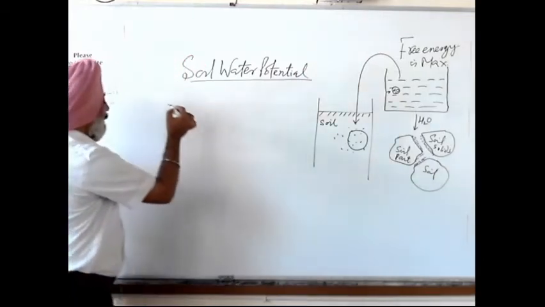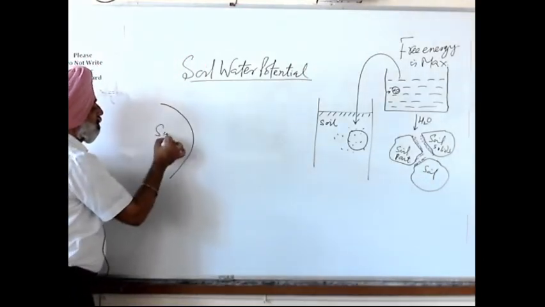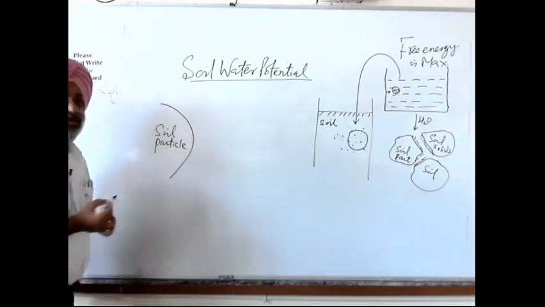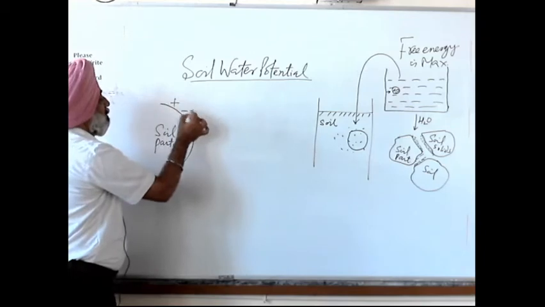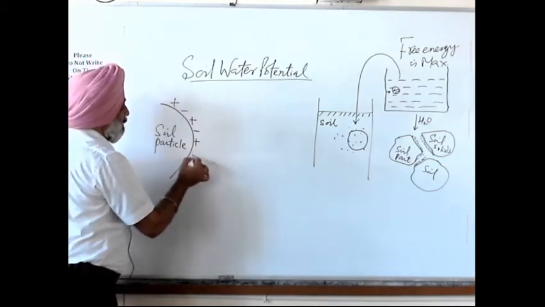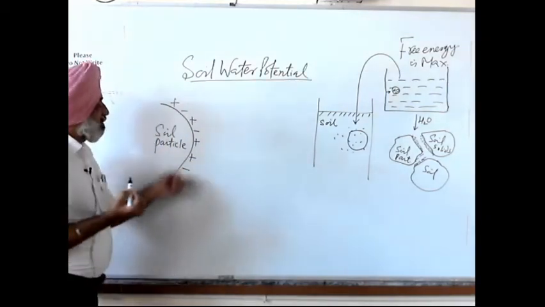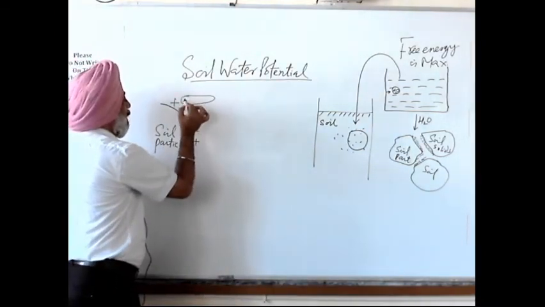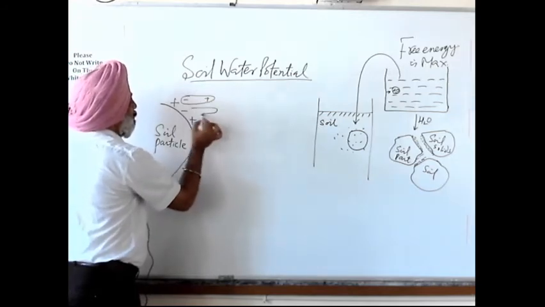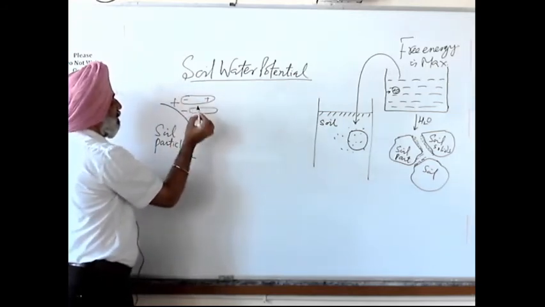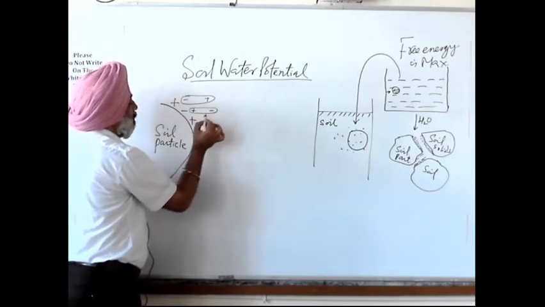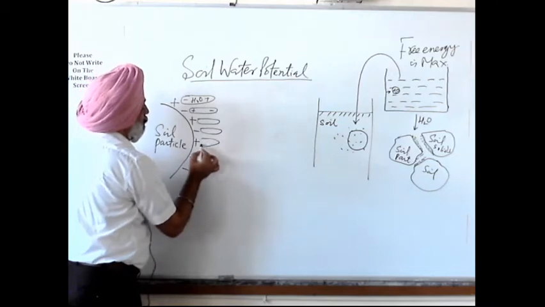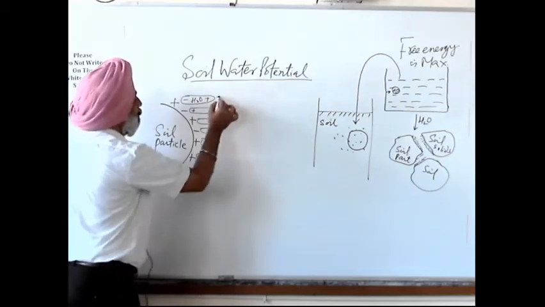If this is one soil solid or soil particle, you know that soil solids are charged like this. They have net negative charge, but the charge may be positive or negative. And you also know that water is a bipolar molecule. So if it is positive, the negative end will be attracted towards it. If it is negative, the positive end will be attracted. So these are the water molecules. This will be one layer. Similarly, you have another layer.